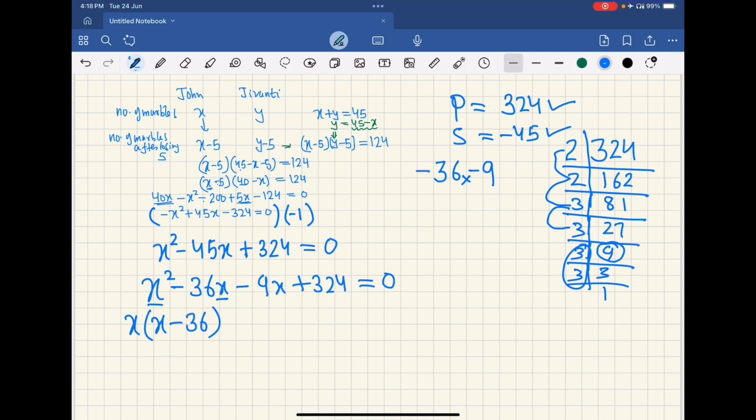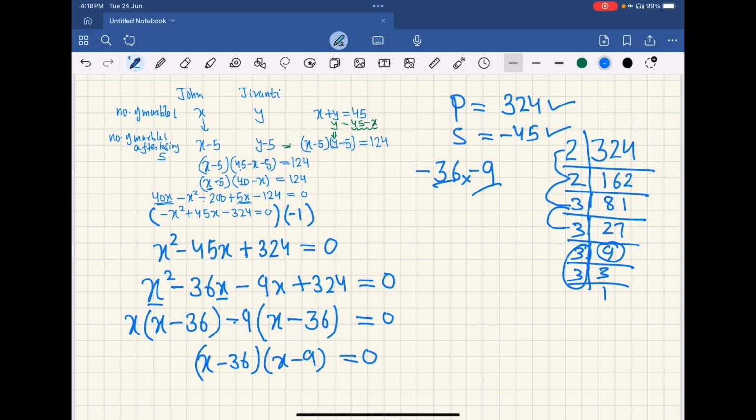Okay, now 9x and 324, 9 is common. I need a minus sign inside, so we will take -9 common, not +9. So -9x divided by -9 is x, +324 divided by -9, so plus divided by minus is a minus, and you will get 36 only. See, 36 into 9 gave us this, so we have this. Now what is happening? x minus 36 times x minus 9, which is equal to 0.